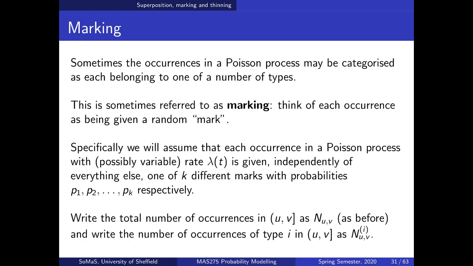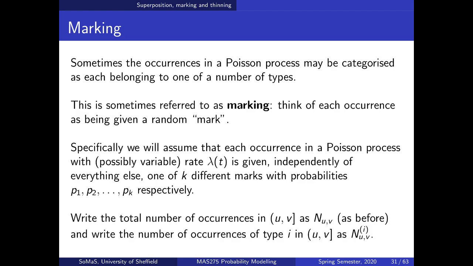And marking is basically the reverse. So you take a Poisson process, and then each time there's an event, assume that this event comes with some extra random information in the form of a random mark. So you're given mark A, type A, with probability p_A.